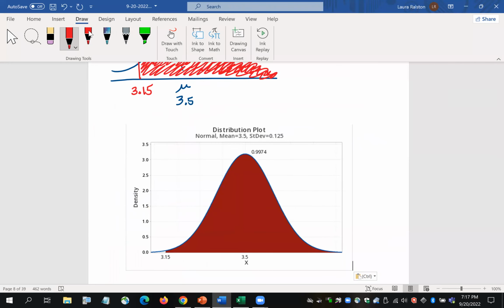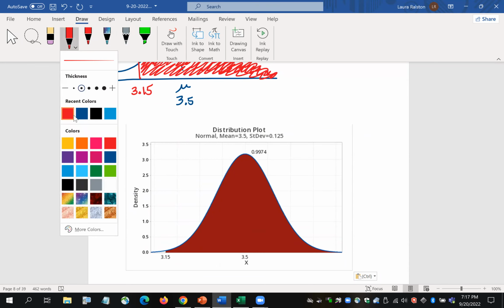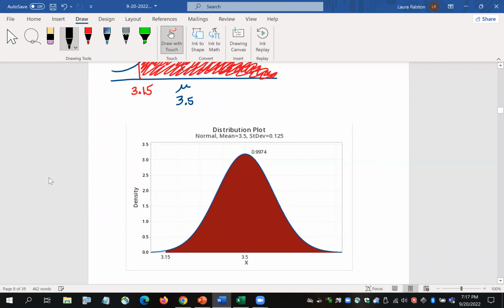Now, it does look like this whole thing is shaded, but you have to be careful because there is this little bitty space way over here on the left side where it's not colored in. But my answer is 0.9974.